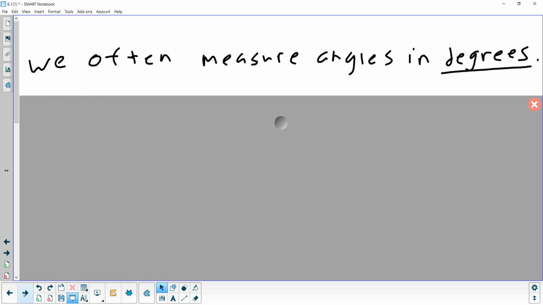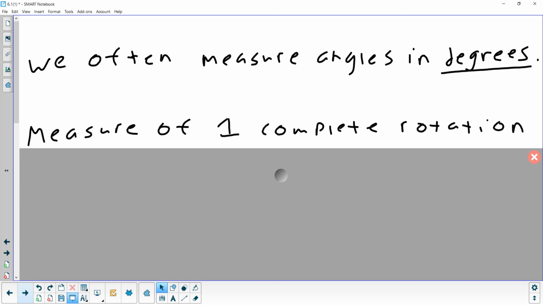So the hope is that by the time we're done with trig, you're just as comfortable with radians as you are with degrees. At first, you might have to change things from degrees to radians to either visualize it or work with it, but the hope is eventually you don't have to do that as much.